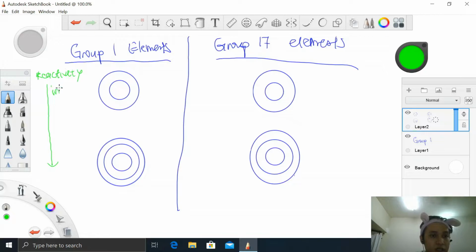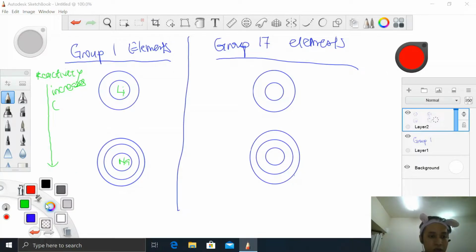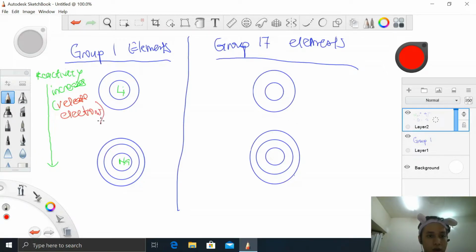Okay, reactivity increases as you go down the group. So let's say this one is lithium, this one is sodium. Alright. So group 1 elements reactivity depends on how easy it is for the element to release electrons. Okay. The easier for you to release the electrons, the more reactive you are.